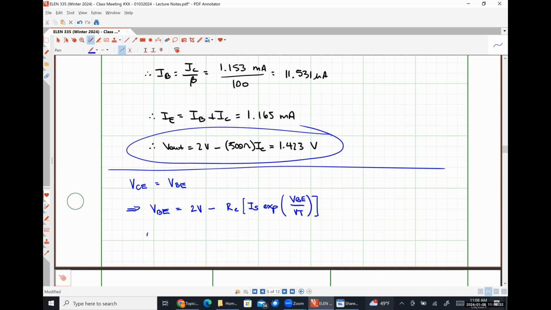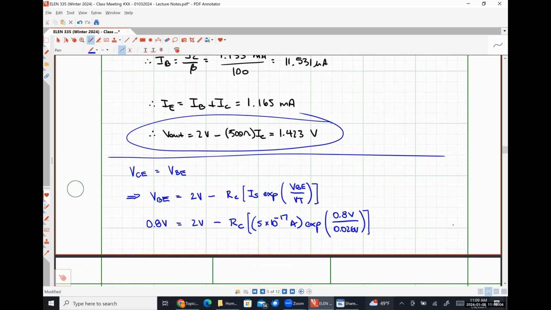And so now putting in numbers, we have 0.8 volts must be equal to 2 volts minus RC times our IS value, which was 5 times 10 to the negative 17 amps, times EXP of 0.8 volts divided by 0.026 volts, like so.